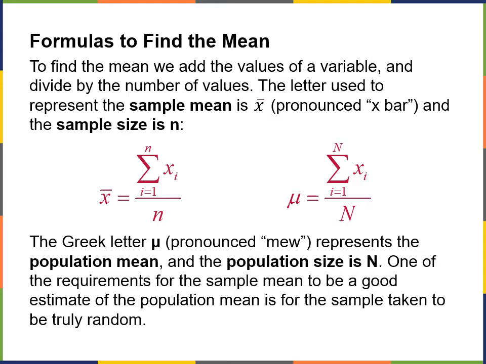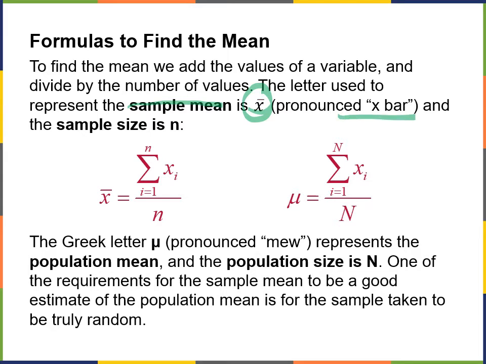So then this brings us to the formula for mean. So first off, when it comes to mean, we're going to look at two different means. We're going to look at sample mean and we're going to look at a population mean. The symbol for a sample mean is this symbol right here, X with a little bar on top of it, which we call X bar, okay?